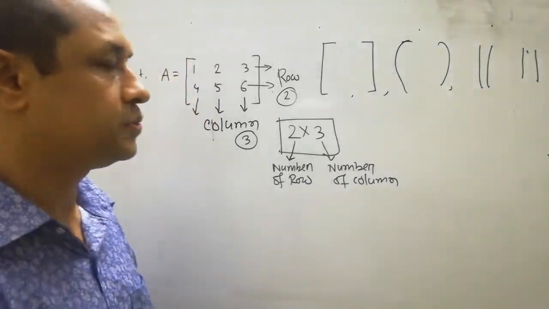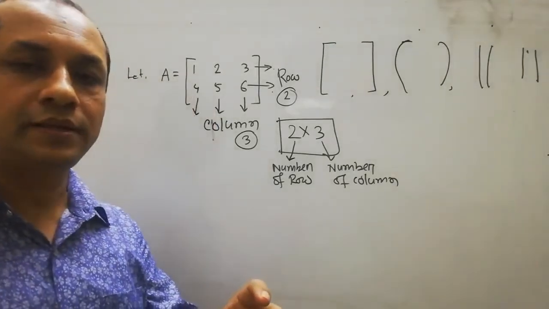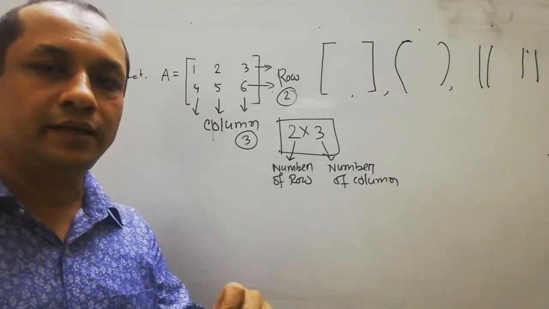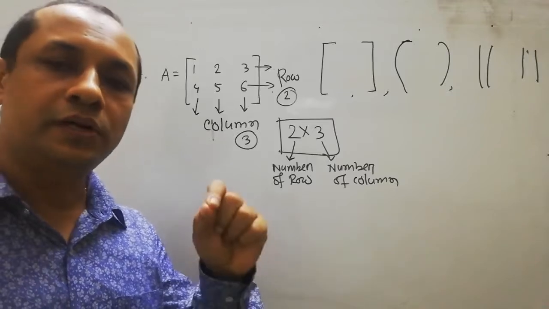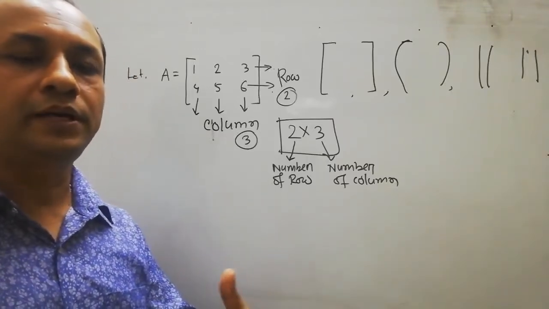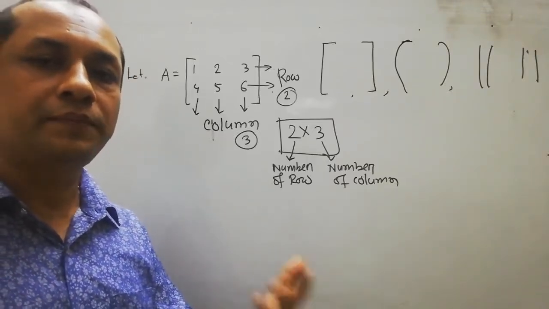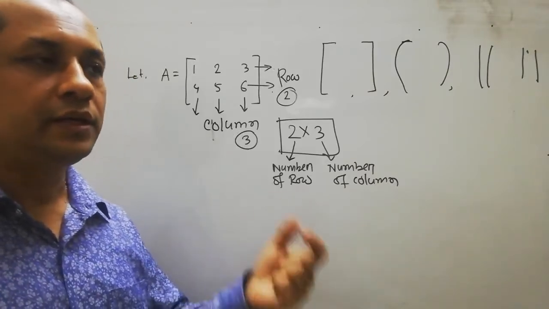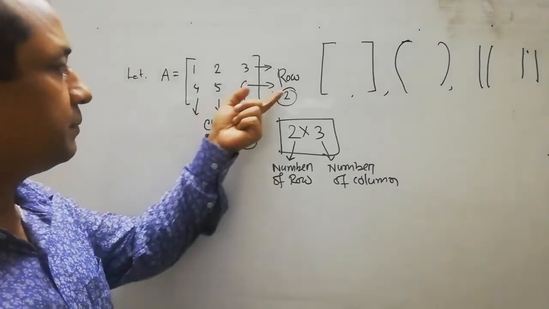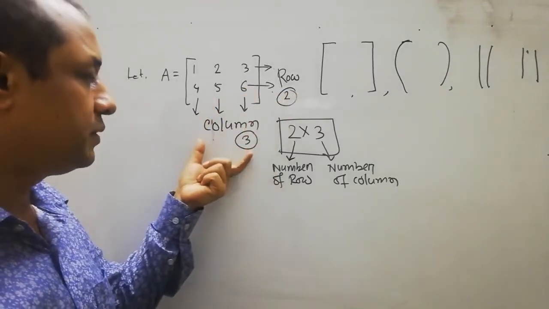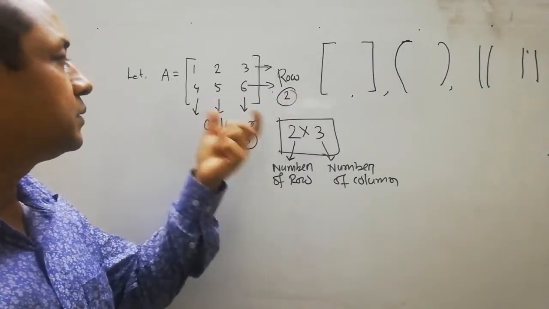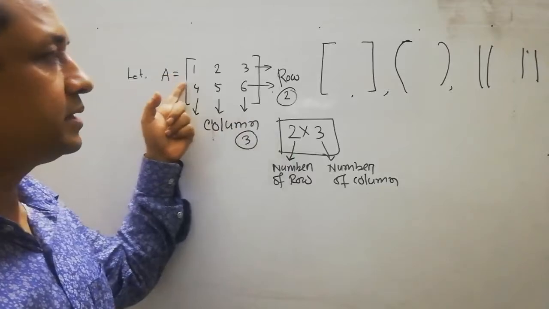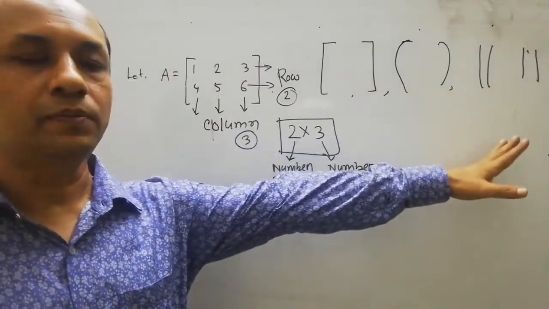I say again, students, a matrix is a rectangular or square array made by arranging some numbers or variables or expressions in a number of rows and a number of columns, enclosed using third brackets, first brackets, or a double bar.